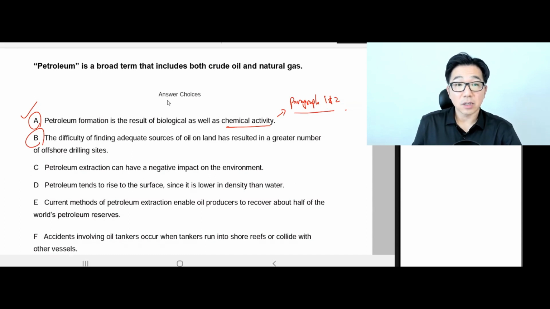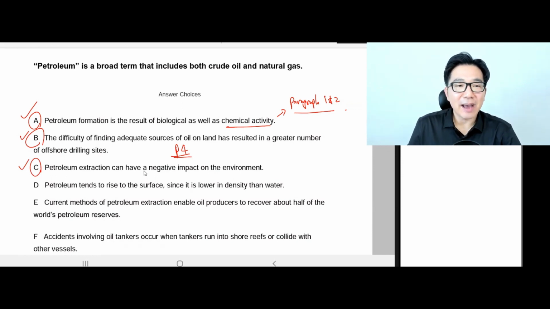Okay, offshore drilling, right? So that's paragraph 4, main idea. C, petroleum extraction can have a negative impact on the environment. Wow, getting nervous. A, B, C, all 3 answers. Okay, so D, E, F.